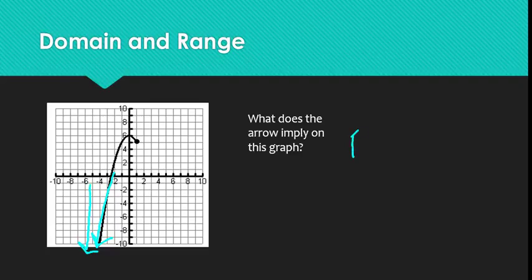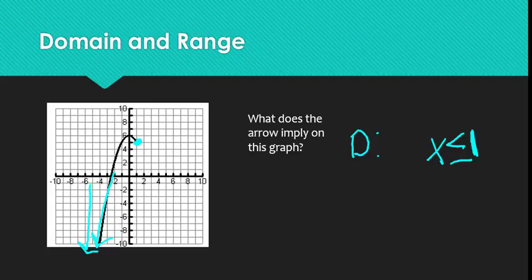So that means our domain is going to be, our largest value for our domain is right here at 1, and it's included. So 1 is the largest value. It's going to be smaller or equal to 1. All x values are going to be less than or equal to 1.